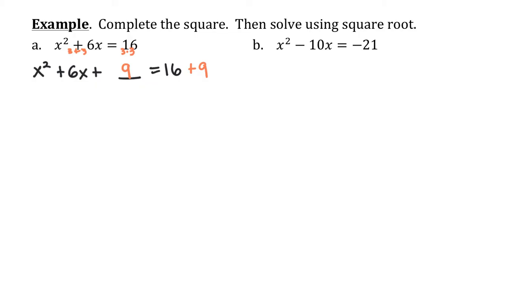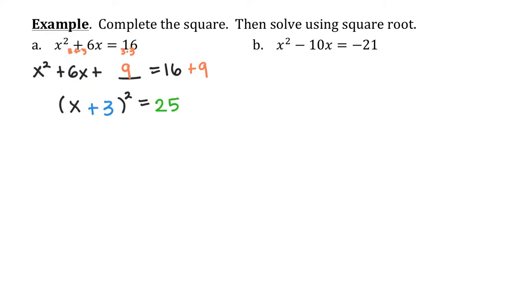A binomial square, remember, is something plus something squared or something minus something squared. Because this is x squared, this must be x. And then to get 9, it's 3 times 3. And because it's a positive 6x, this must be a plus 3. On the right side, if I do 16 plus 9, I get 25.